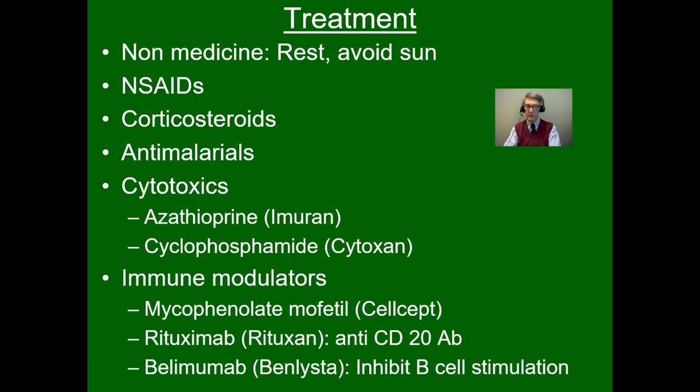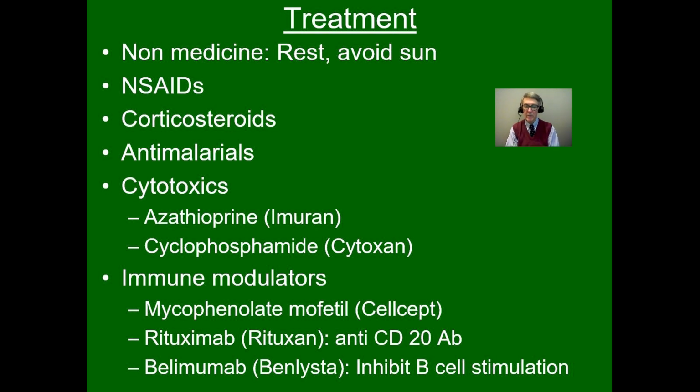Corticosteroids are used frequently in lupus, and this can range from very low dose for mild manifestations such as arthritis, etc., to very high doses. We do use high doses in things like the hemolytic anemia or if there's brain involvement, and even in the initiation of therapy for things like the kidney disease.